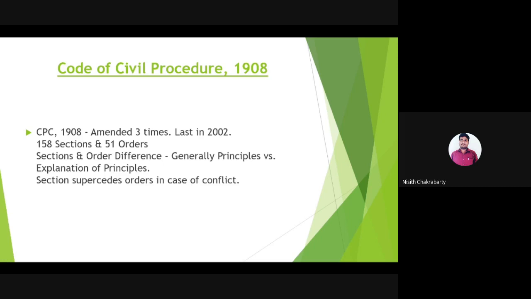So that is another advantage of having sections along with orders. So this is the basic difference: sections deal with general principles, while the orders deal with explanation of the principles. Of course, the code itself makes it clear that if there is a conflict between the sections and the orders, the section would supersede the order.